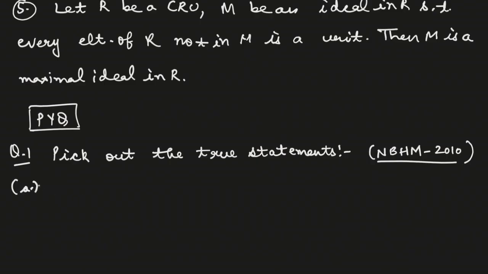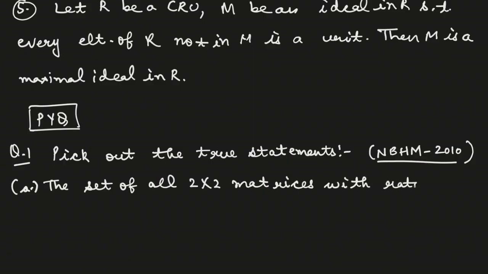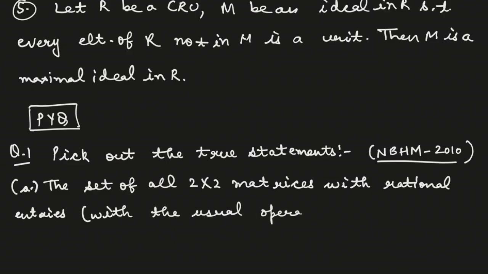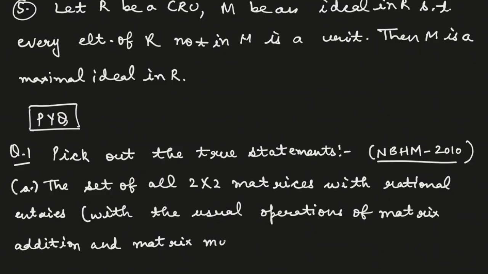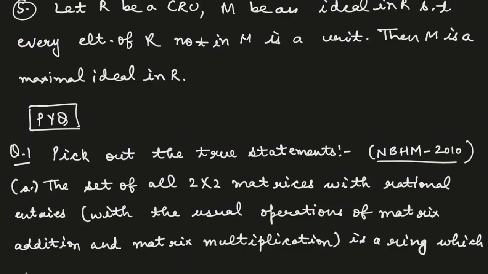A part: the set of all 2 cross 2 matrices with rational entries, with the usual operations of matrix addition and matrix multiplication, is a ring which has no non-trivial ideals.